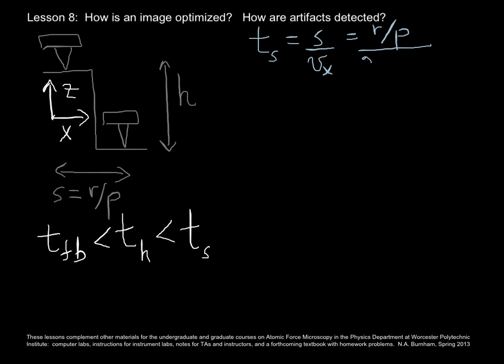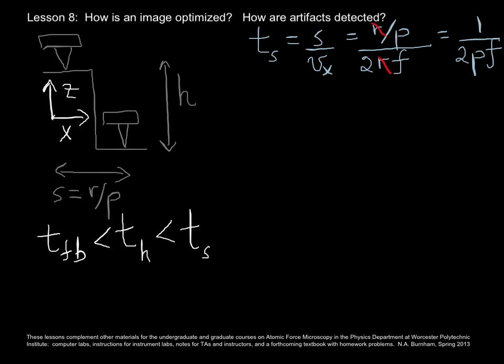The speed in the x direction is the distance for 1 cycle, meaning back and forth across the fast scan direction, 2r, times the scan frequency, the number of cycles per second. The r's cancel, and we get 1 over the quantity, 2 number of pixels times the frequency.